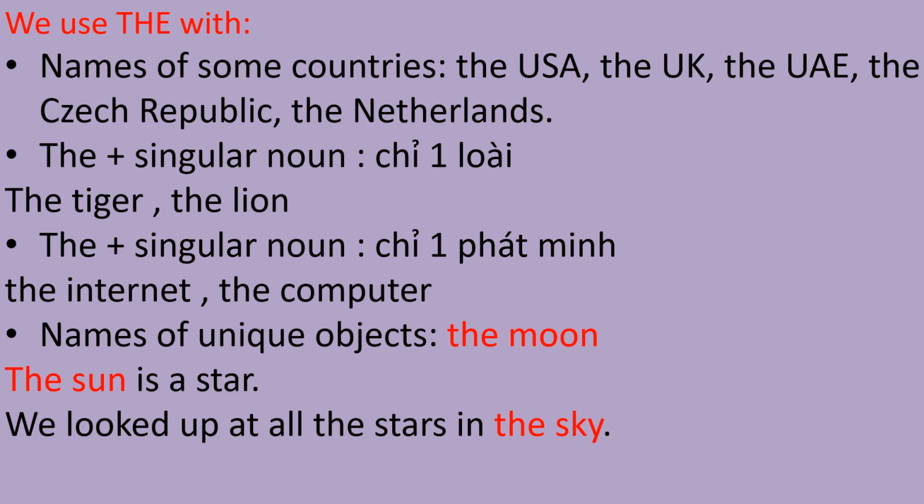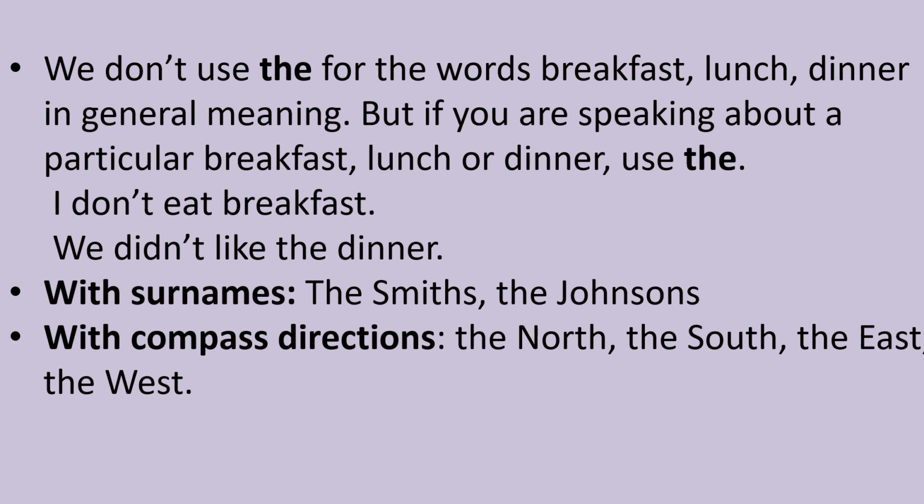We can use the with singular nouns like the internet, the computer, or names of objects which are unique like the moon, the sun, the sky. With surnames, we use the Smiths, the Johnsons to refer to the family.